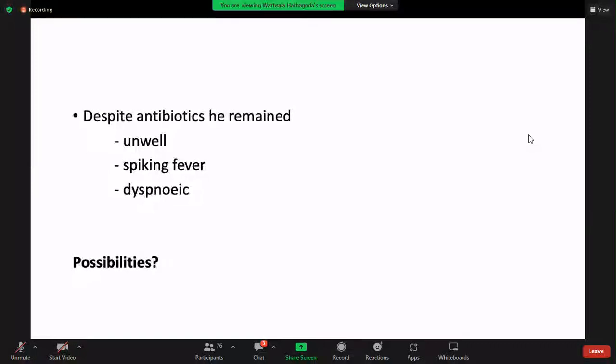Yes, what else? The antibiotic cannot cover the particular organism. Yes, good. So, what else? Hospital-acquired infection.